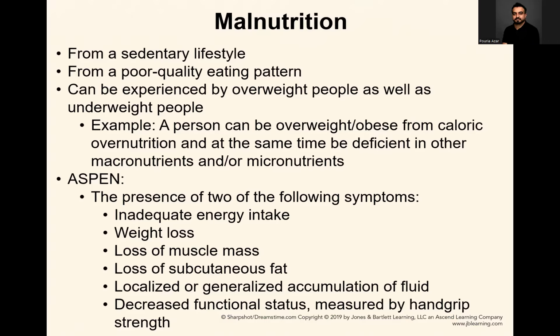So loss of subcutaneous fat, or loss of the fat under the skin, can be a symptom or sign of malnutrition. Localized or generalized accumulation of fluid, which is also known as edema, and decreased functional status measured by hand grip strength. The last symptom is mostly seen in the elderly or among older adults.